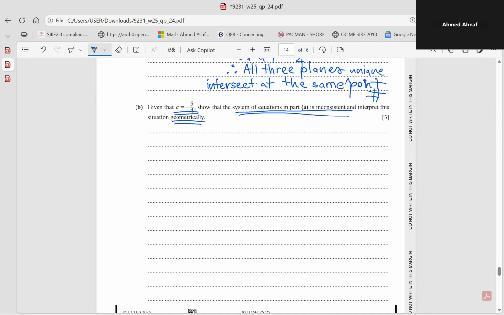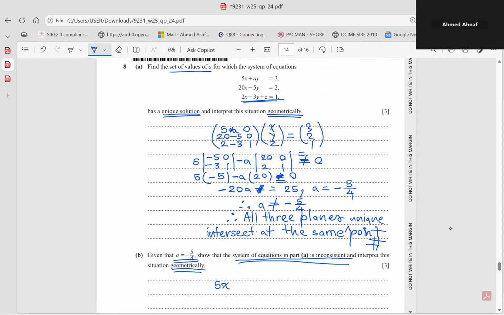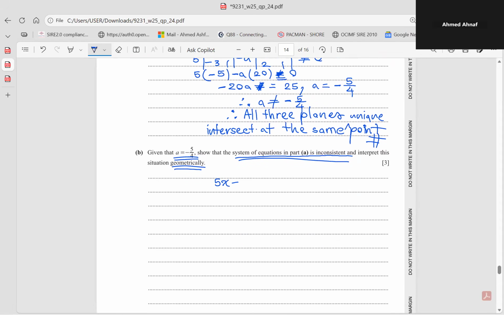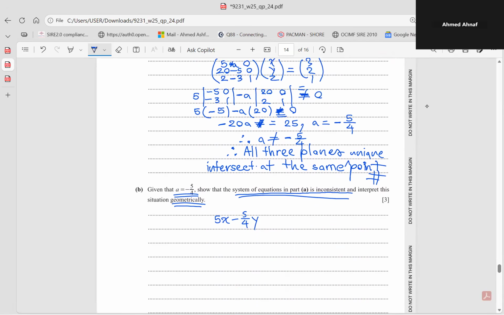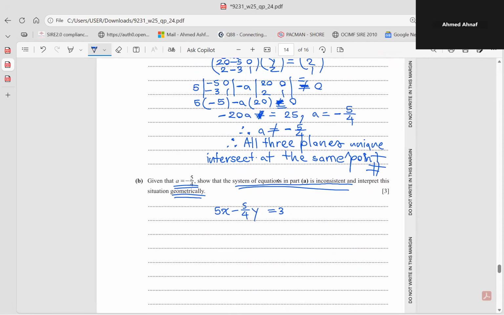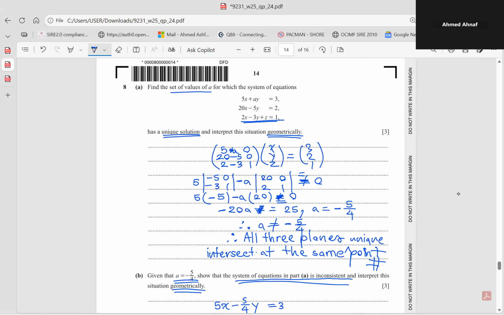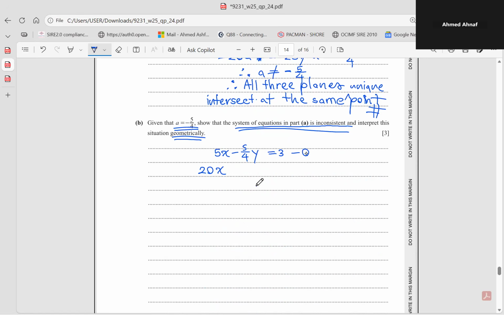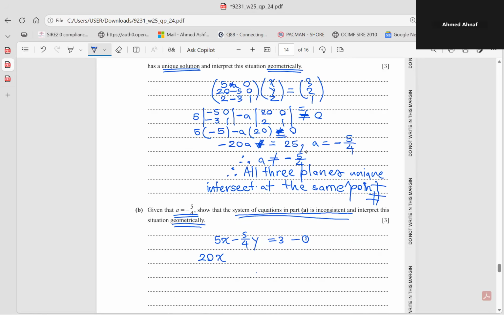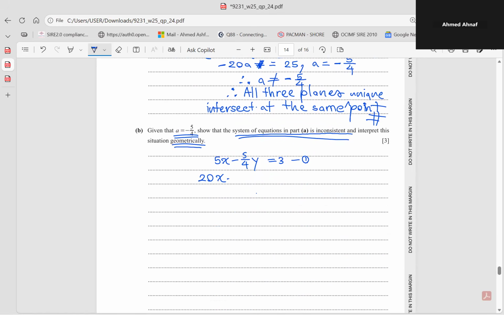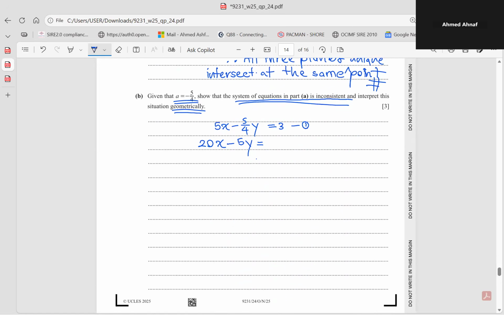So let's substitute it. 5x minus 5 over 4 y equals 3, this is equation 1, and 20x minus 5y equals 2.